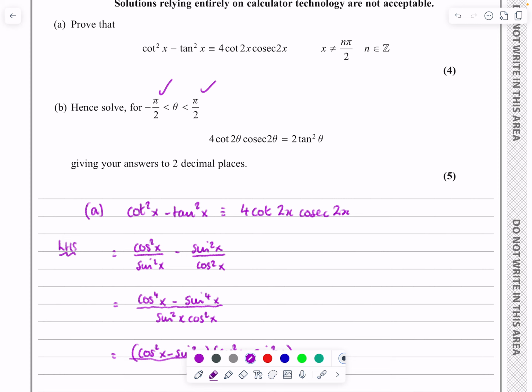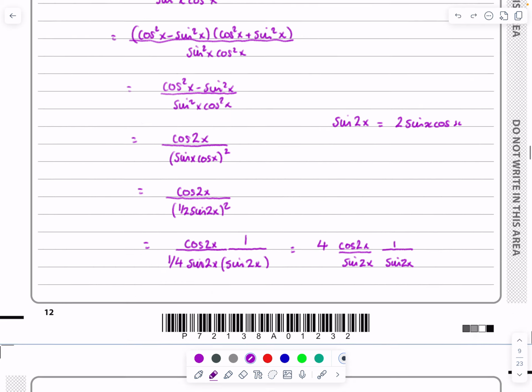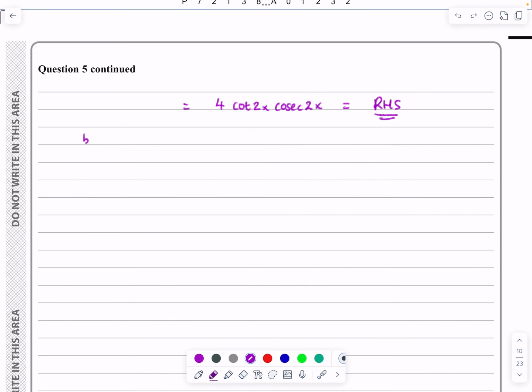So it says, hence solve this, and what it really means then is I'm not going to have 4 cot 2 theta cosec 2 theta. I'm going to have cot squared minus tan squared there. So let's just get the question written down and try and make a start to it.